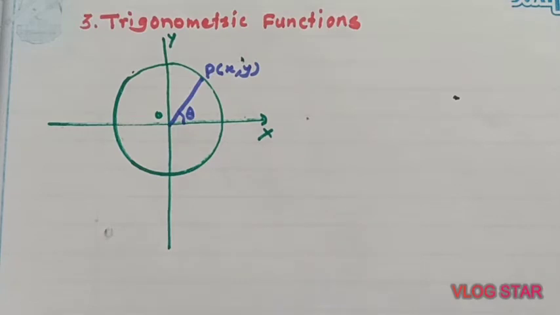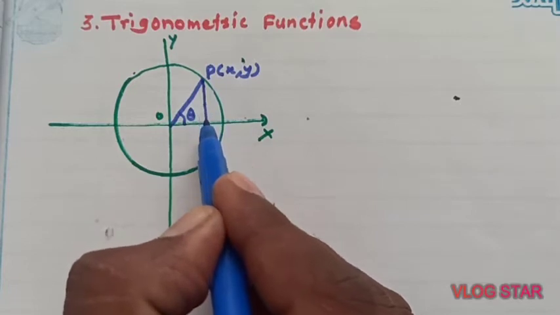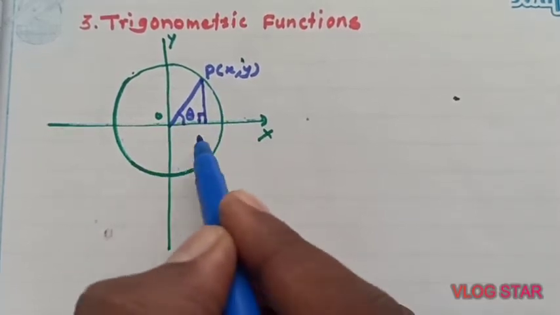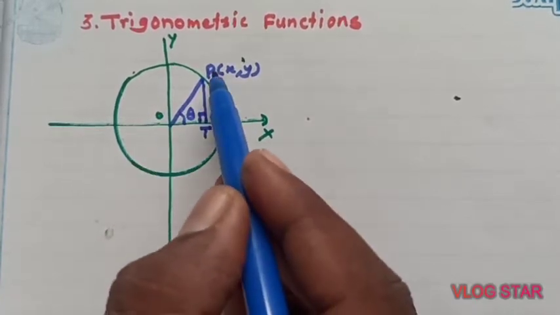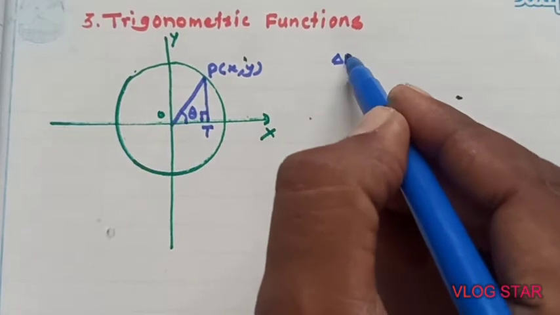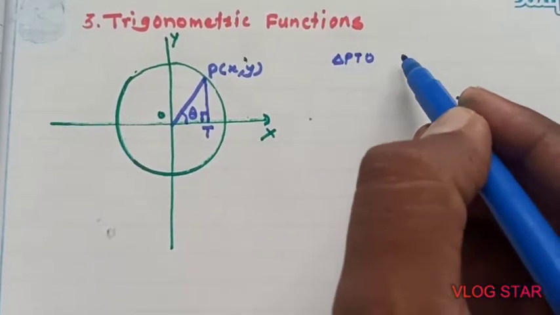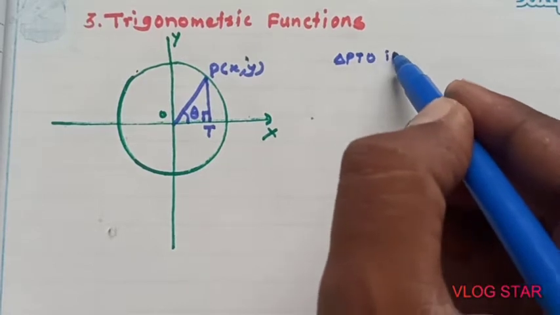Now to determine all trigonometric ratios, I will draw here a right angle triangle, meaning here a perpendicular, say T. So now triangle PTO is a right angle triangle, isn't it?